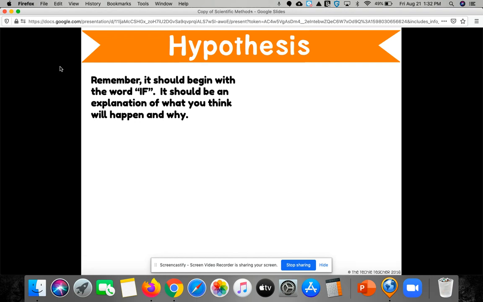Remember, it should begin with the word if. If this happens, then this, and because. It should have the word then in the middle and the word because at the end. So it's a prediction or an explanation of what you think will happen and why. It can be right, it can be wrong. You're just defending your answer.